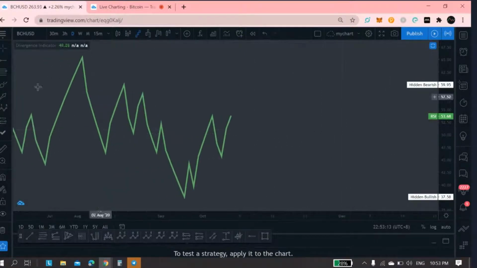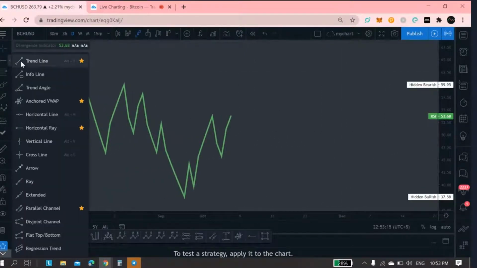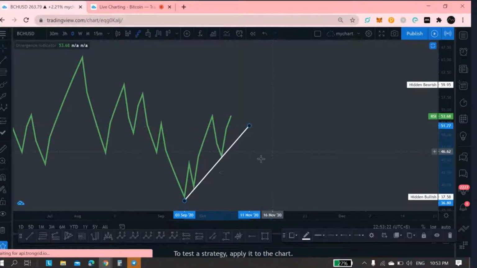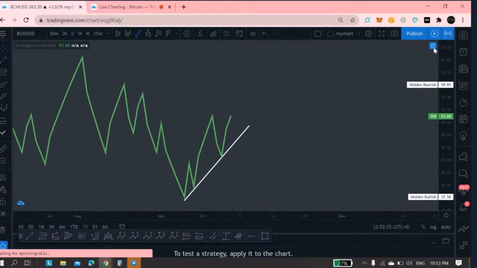I'm checking there. Okay, that is going up. Already going up at that area.